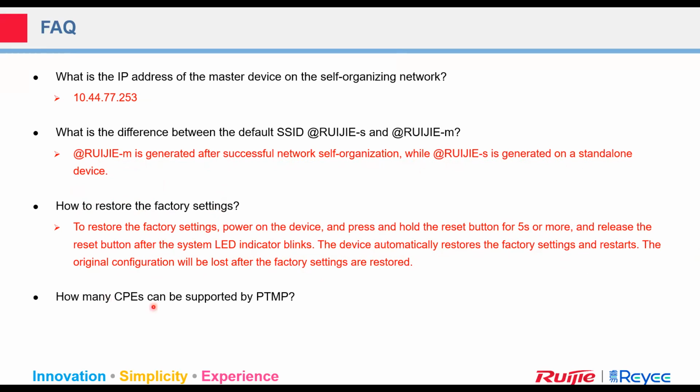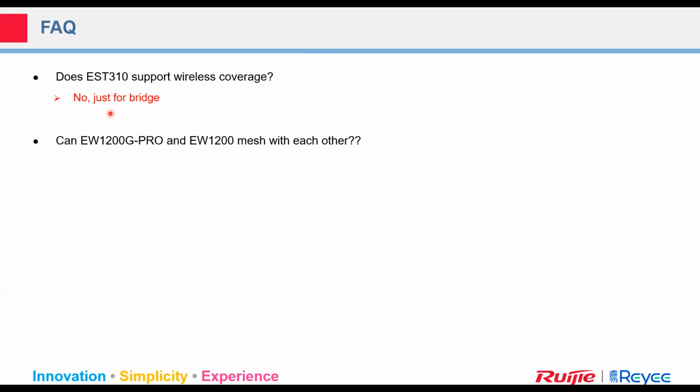How many CPE can support point to multi-point? If you use a point to multi-point setup, you can support up to 5. Does the EST series support wireless coverage? The EST only supports bridge wireless.